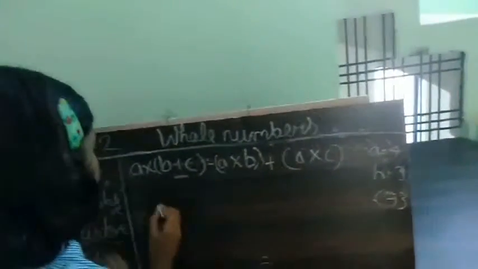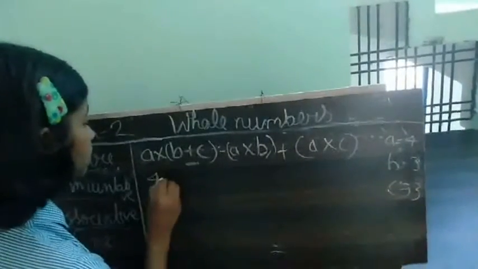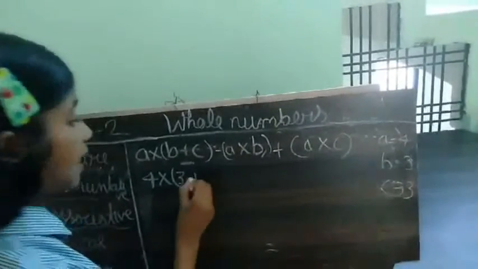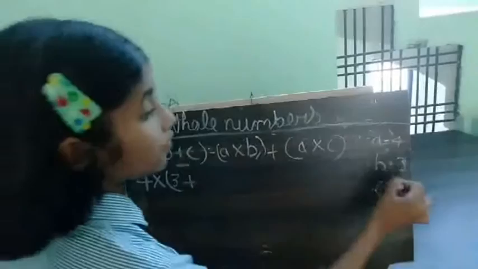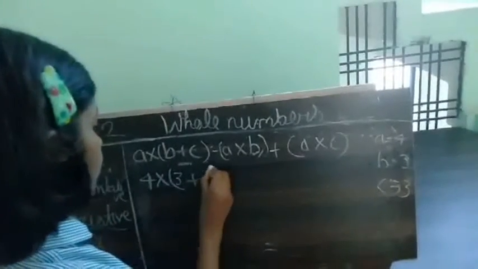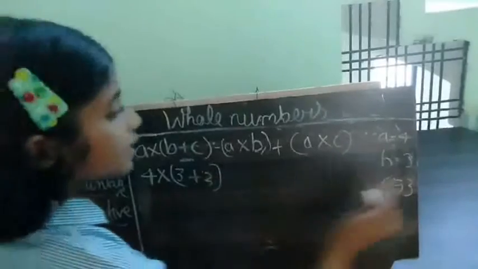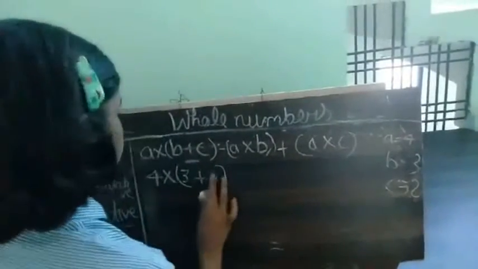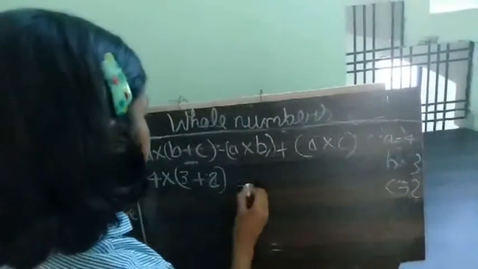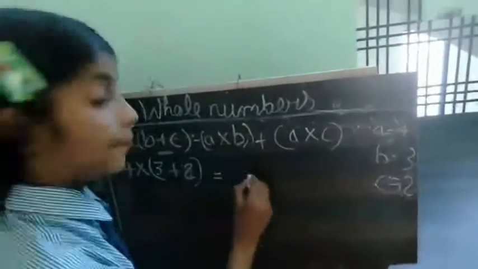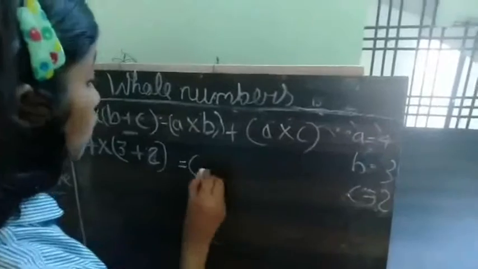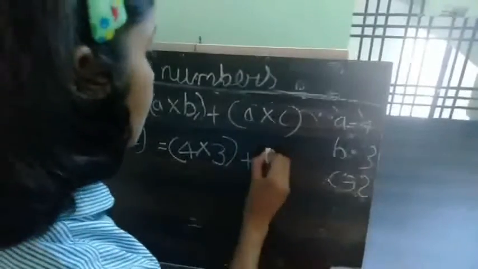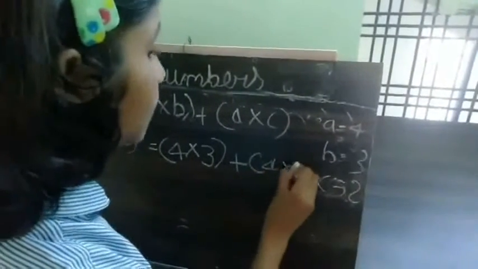So 4 into bracket 3 plus 2 equals bracket 4 into 3 plus bracket 4 into 2.